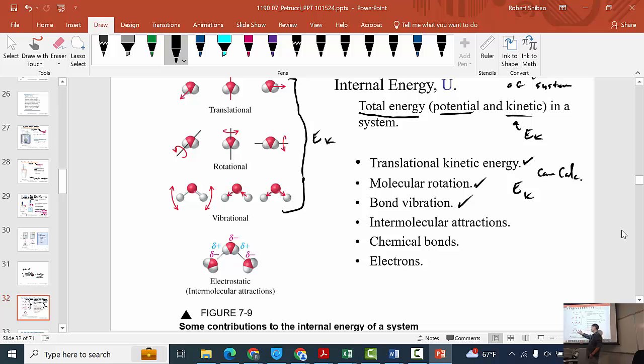Well, the bond energies we can figure out, and so I can figure out the potential energy stored in the bonds. And then we have potential energy stored in electrons. To remove the electrons is called ionization, and it will cost you ionization energy. So if you have 10 electrons, you have to add up all 10 ionization energies to remove all the electrons.